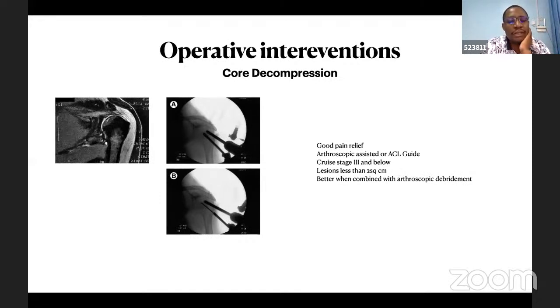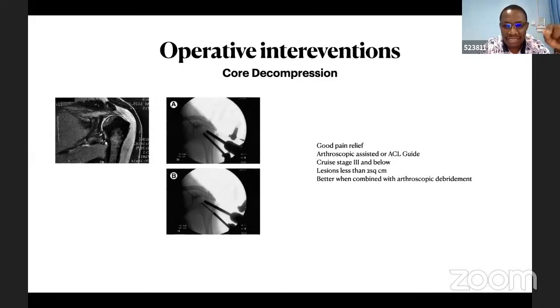The only thing here is to try and use arthroscopy assist, so that the arthroscope is able to help you localize where the drill should go. Or if you have localized with the arthroscope and seen where the defect is, you can put in a guide wire.